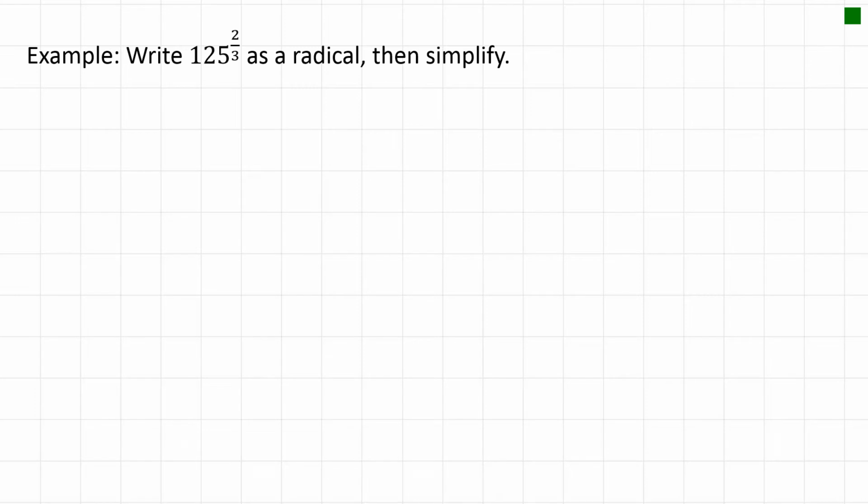Now let's go the opposite direction. If we have a rational exponent statement, let's write it as a radical so that we can simplify it. As we saw, we have two options. Do we want to write this as 125 squared and then to the power of 1/3, which we could write as the cube root of 125 squared?